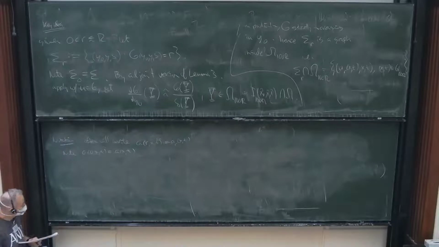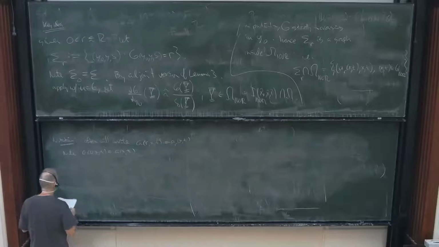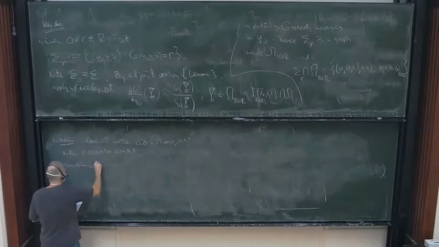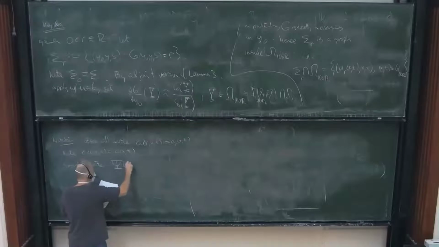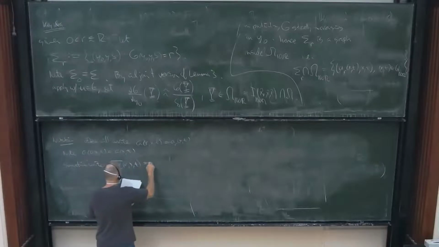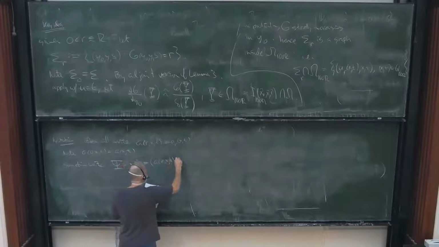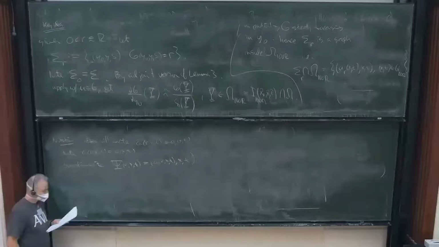All right. And I'll sometimes also write, for just shorthand convenience, capital Psi(r, x, t) to mean the point (a(r, x, t), x, t). Okay?